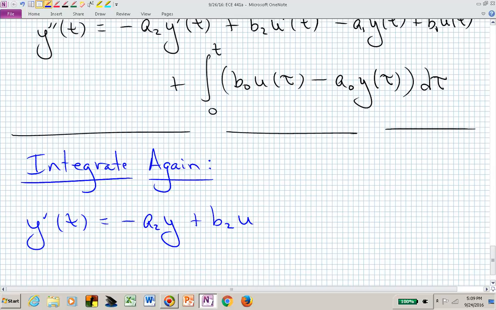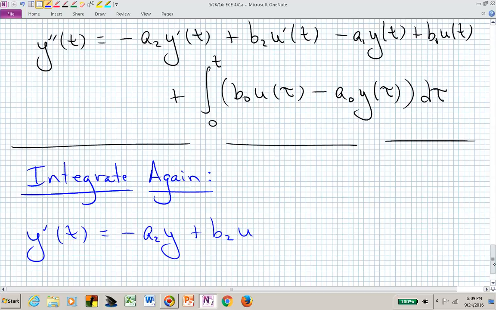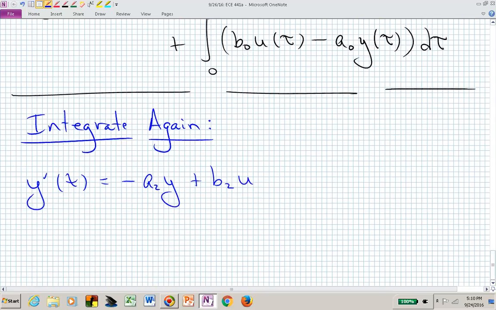Then I'm going to actually need to worry about nesting some of these integrals, meaning I already have b0 u minus a0 y integrated once. Now I'm going to integrate that twice, but I'm also integrating a1 y plus b1 u one time. So let me say that I'm now saying plus the integral of b1 u, and if you wanted to keep track of these variables of integration, let me call that tau hat, minus a1 y of tau hat.